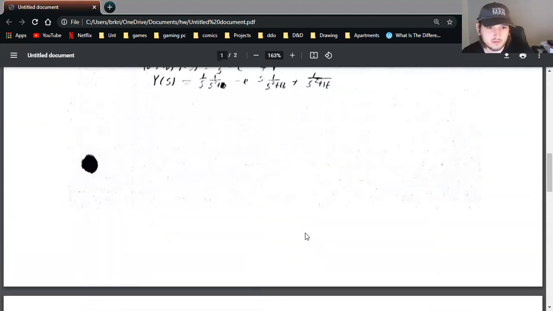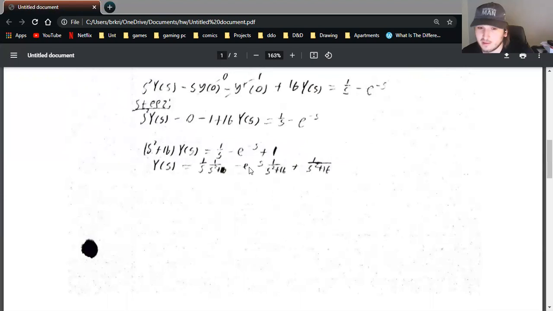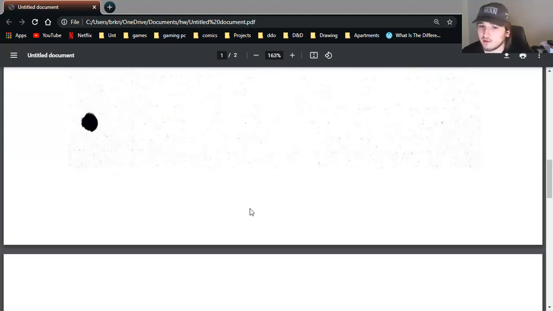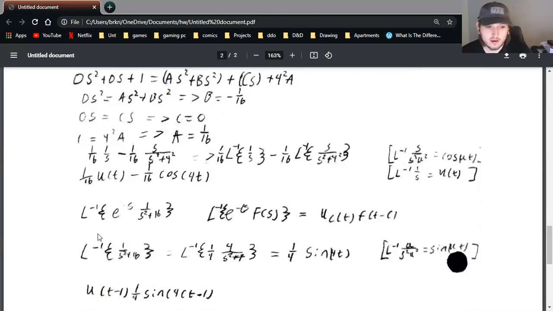Moving on to our next part, which is negative e to the power negative s times 1/s squared plus 16. This is in the form e to the power negative cs, where c is 1, times a function. On our table, the inverse Laplace of e to the power negative cs times a function is u subscript c of t times the inverse of that function at t minus c.